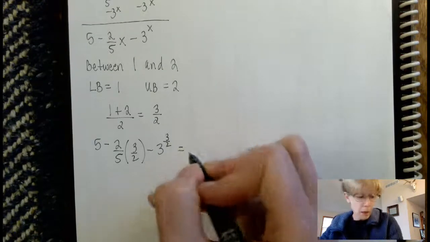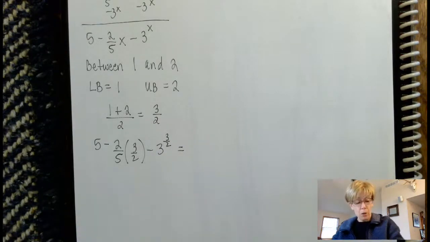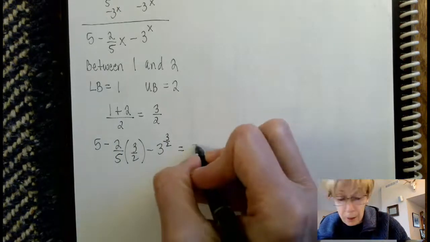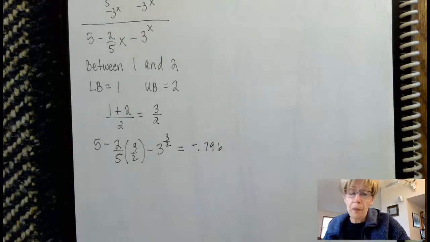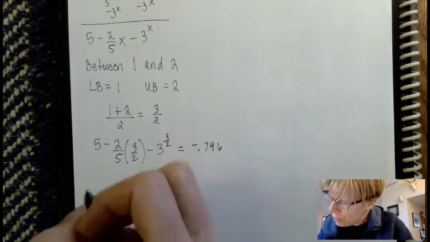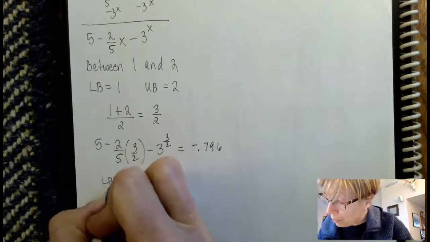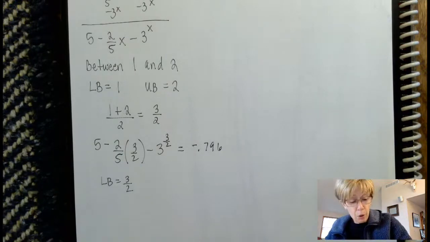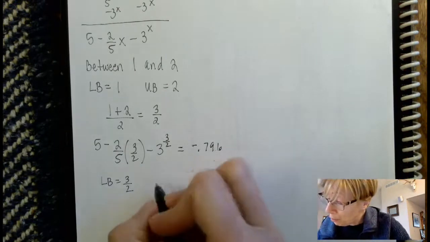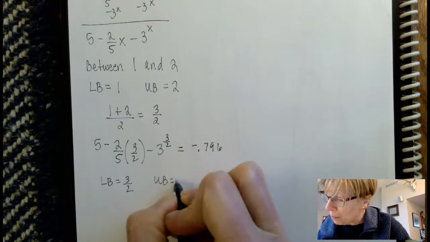But when we type that into the problem, we end up with negative 0.796. And because that value is negative, our new lower bound is 3/2, and our upper bound is still 2.